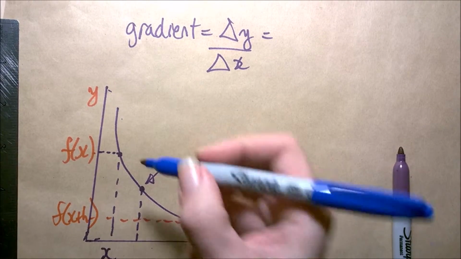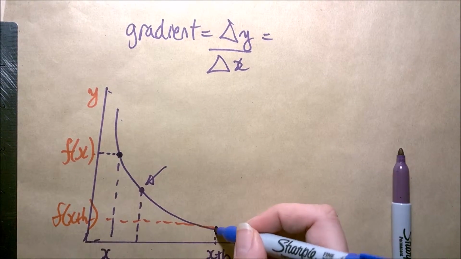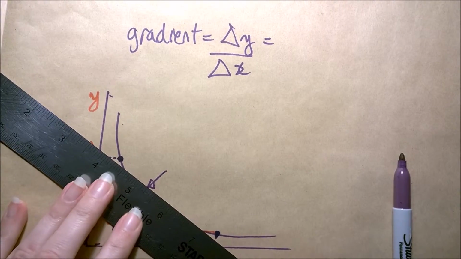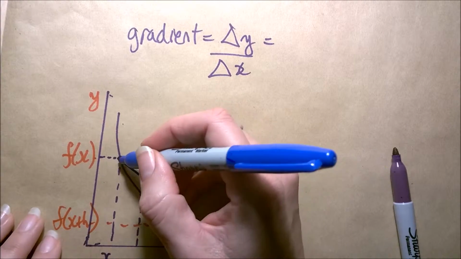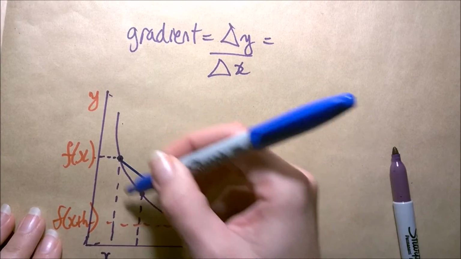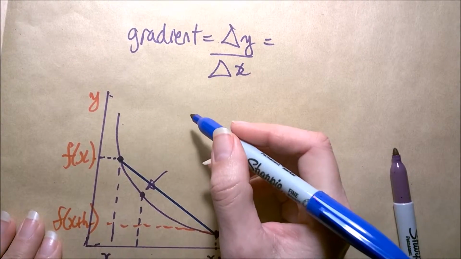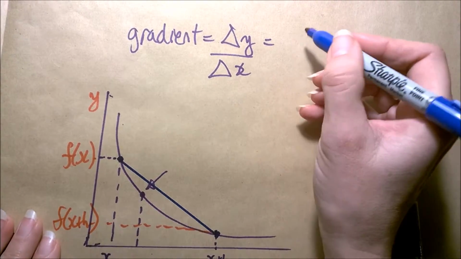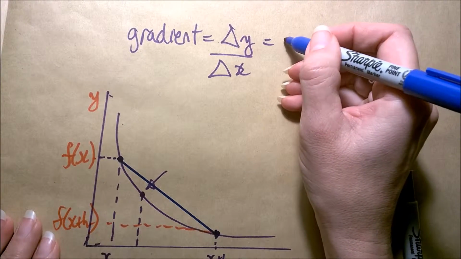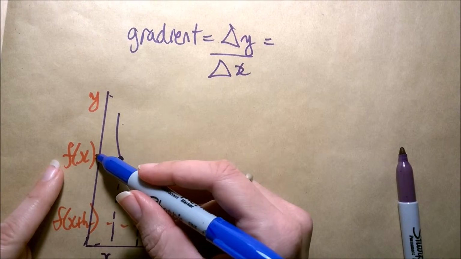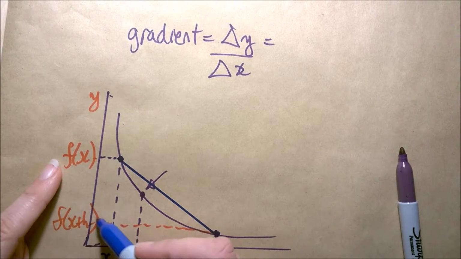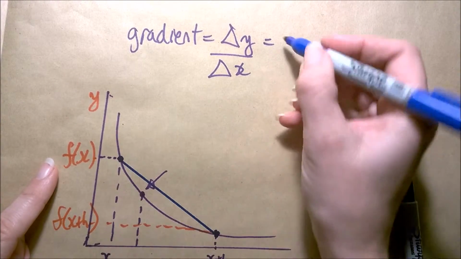So what we can do is find an average rate of change by measuring the gradient that joins these 2 points. That would be the change of y, which is the final value of y minus the original value of y.